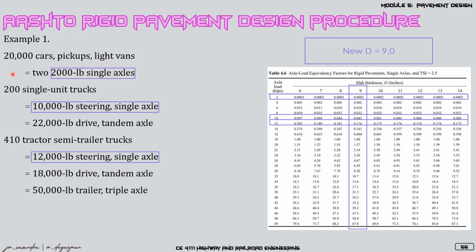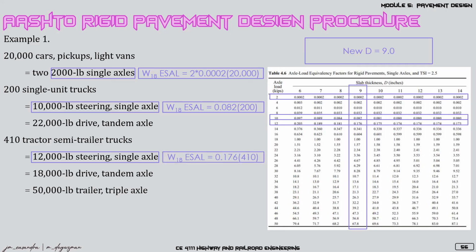So solving now the equivalent load, we have 2 times 0.002 times 20,000. So here we have 0.082 times 200. And we have here 0.176 times 410.